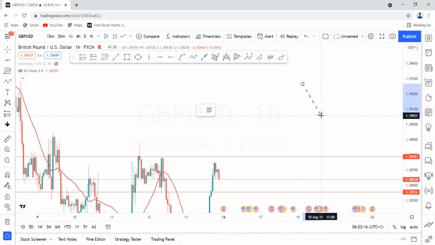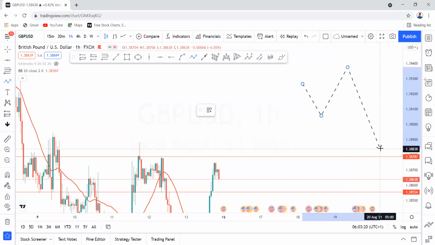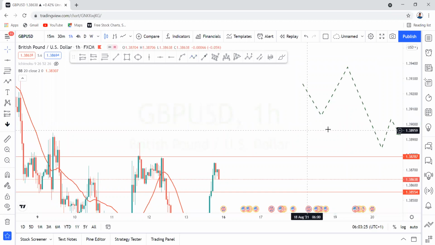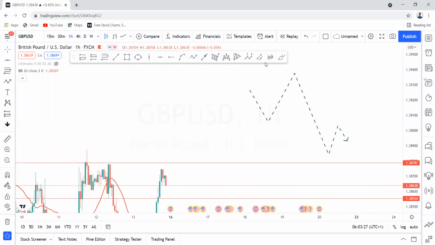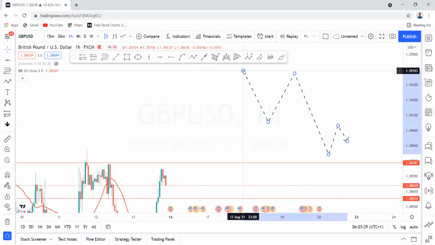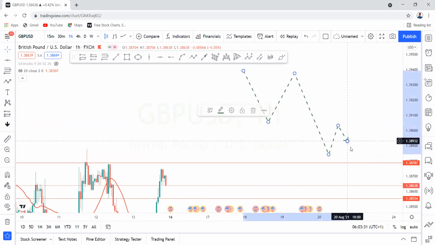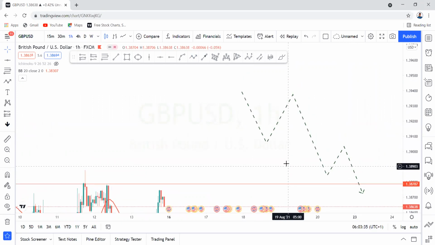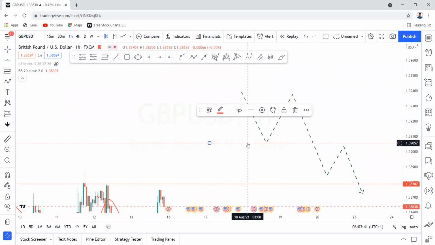Just watch this, what I'm going to explain here. So let's say this is the market playing out, and you know very well that this is a zone, right here.